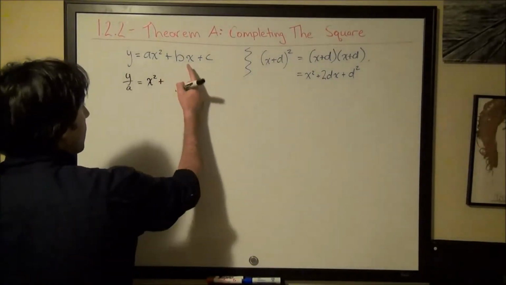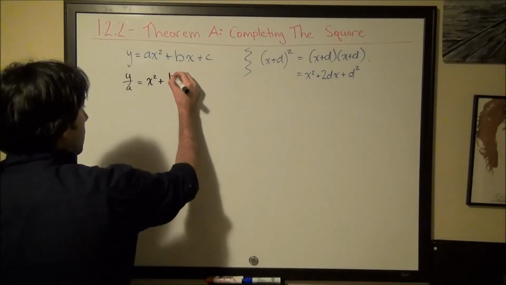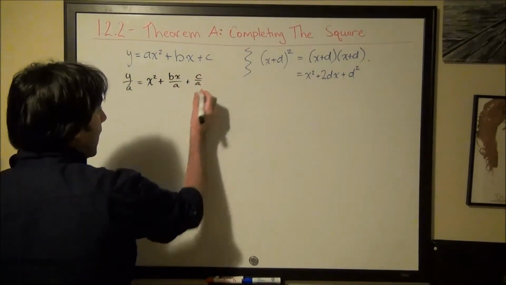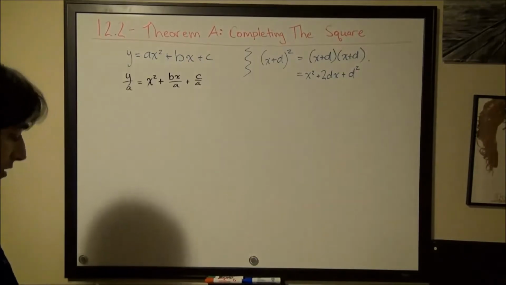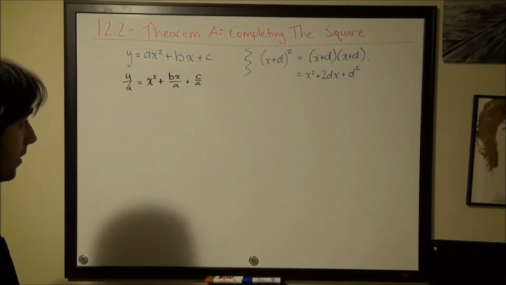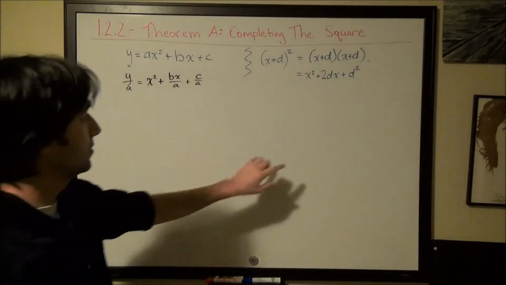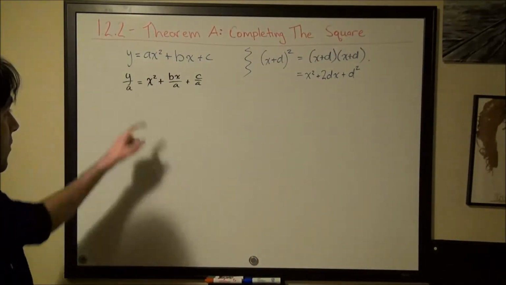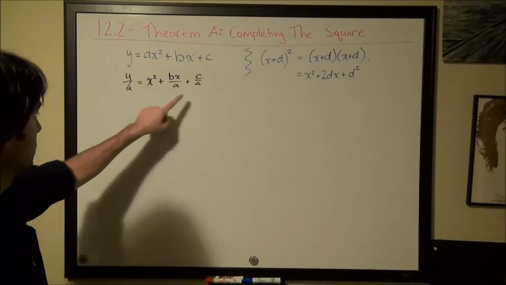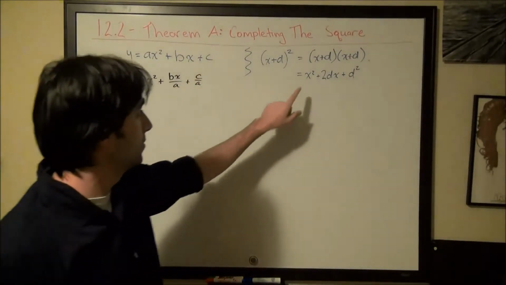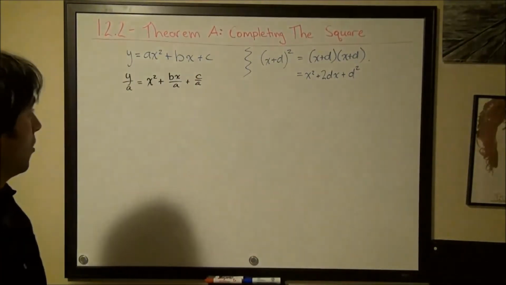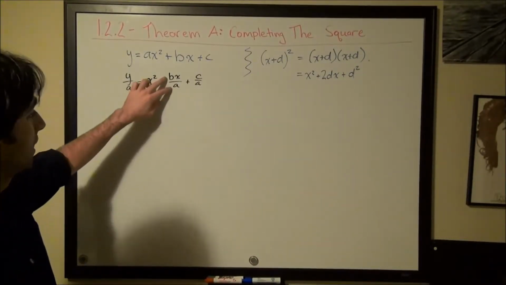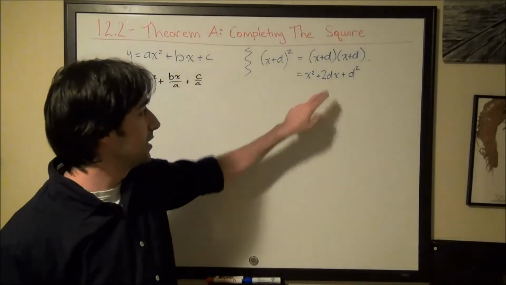Now, we have to divide the other terms by a as well. And unfortunately, they don't cancel out right away. Now, if we compare these two functions, and when I say function now, I mean just the right-hand side, we can see that for this to be true, we require b over a to equal 2d.